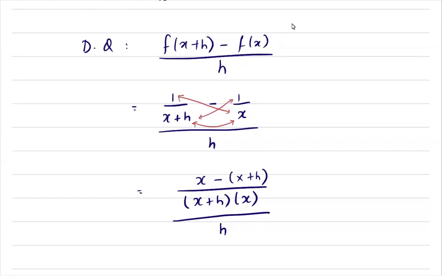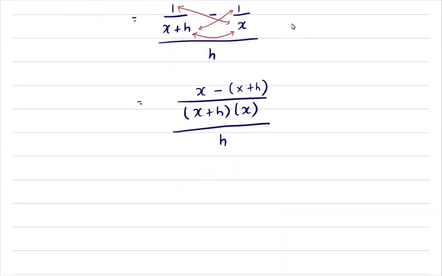Okay. So now that we have that, we are going to simplify this. So in the numerator, I'm going to distribute x minus h all over x plus h times x times h. Now, how am I able to write it like this?